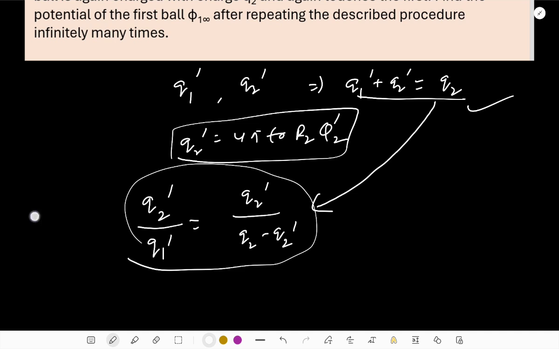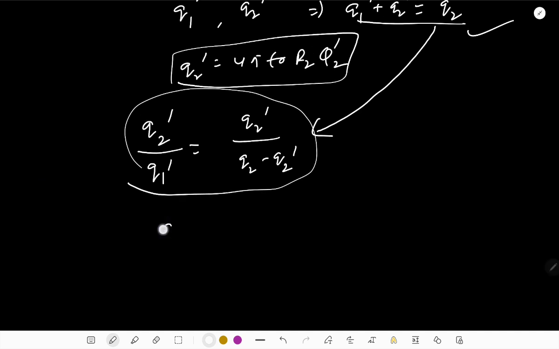And therefore we can write a relation like q2 by q1 infinity. That means after the infinite number of contacts, when the transferring of charge has stopped, that will be equal to q2 dash divided by q2 minus q2 dash.